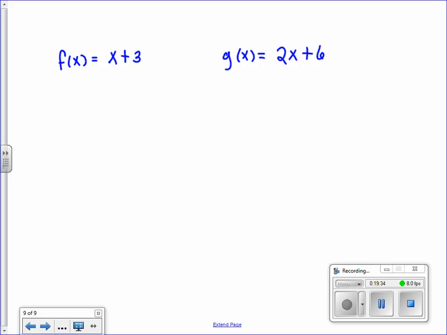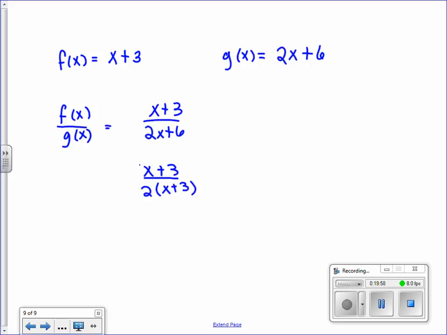Okay, here we go. And we have f of x over g of x. If they don't factor, when you get to right there, that's pretty much all you can do. But if they factor, like this one does, then you can do more. Those will cancel out, and you're left with 1/2.